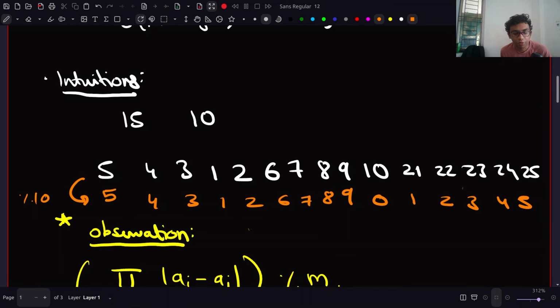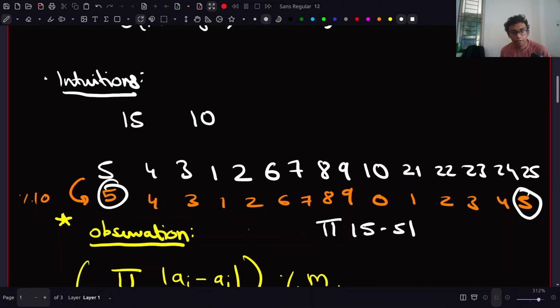Now the interesting thing over here is, here we have a 5, right? Here we have mod 10 equals 5. Here also we have an element 5, right? So if we take the product of the differences over here, at some point we will get the term 5 minus 5, absolute difference.